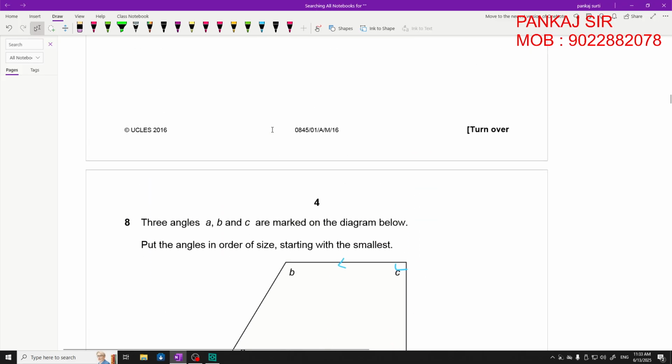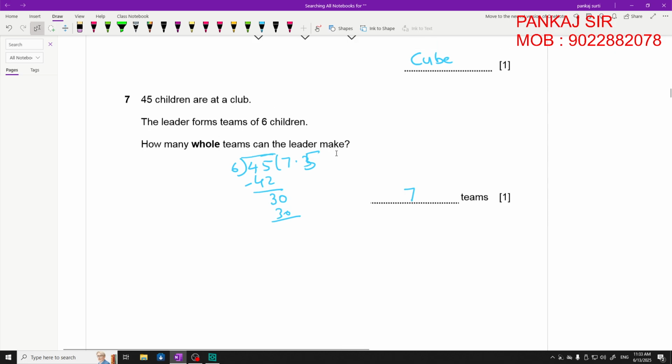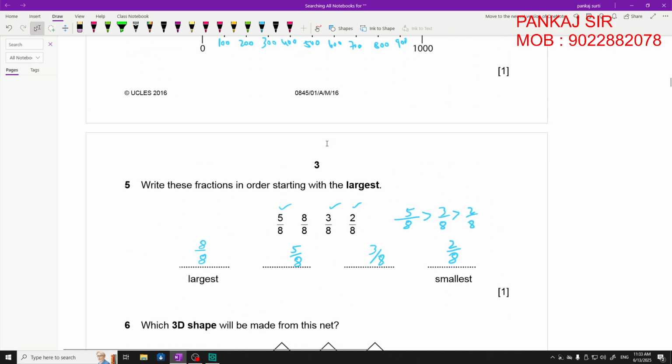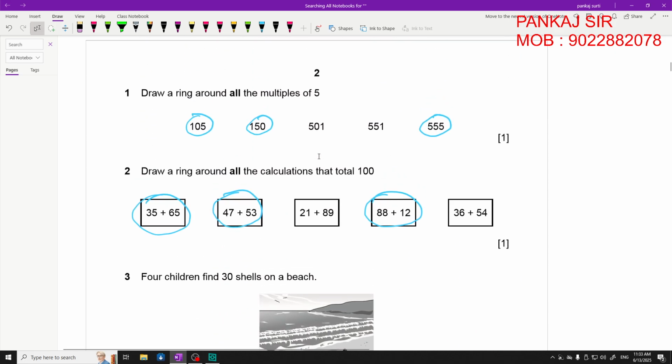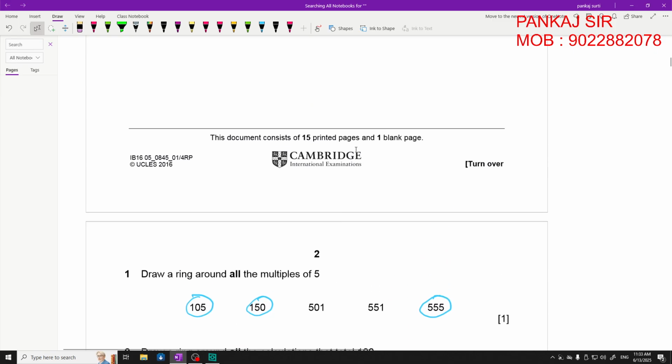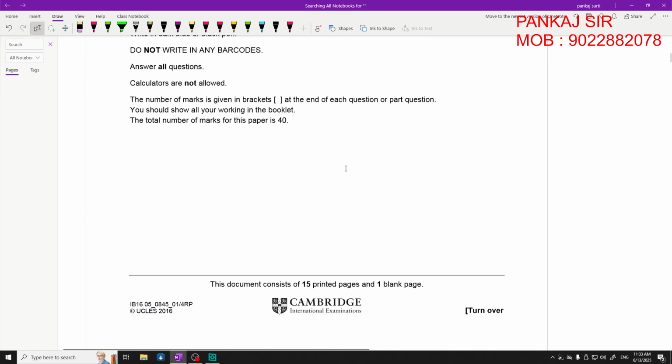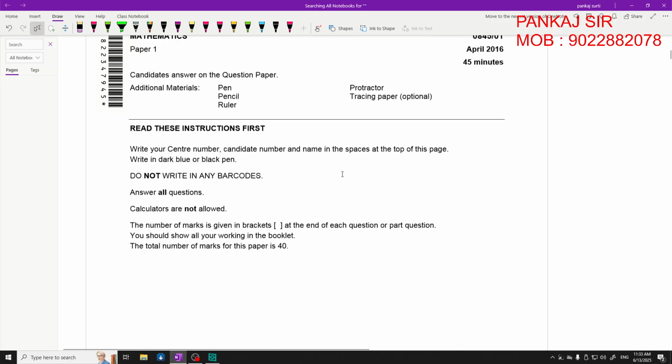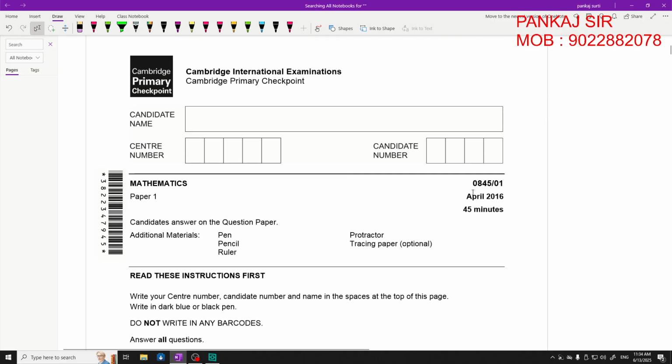So 6th grade students, you have to keep practicing such past papers to become somewhat efficient in your exams, whenever you appear for this exam. So this was paper 0845, paper number 01, mathematics paper 1 of April 2016 for the primary checkpoint.